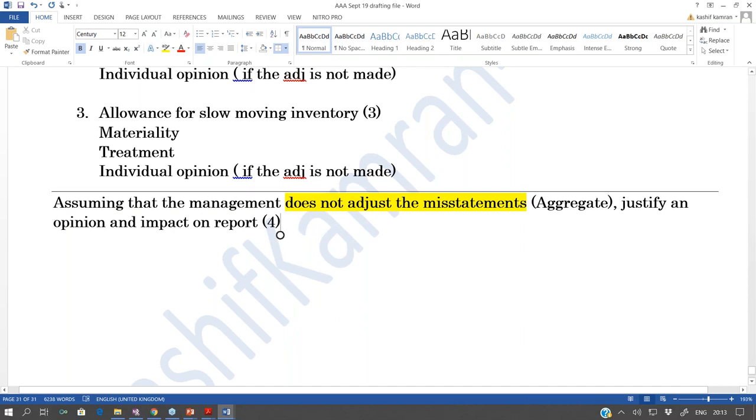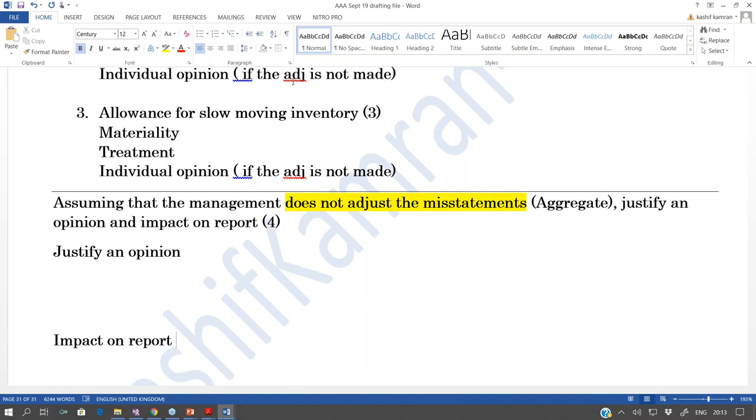Okay, now when I look at the aggregate impact, justify an opinion. And then the examiner says impact on report. How many things are part of report? I just mentioned that 10 minutes ago.